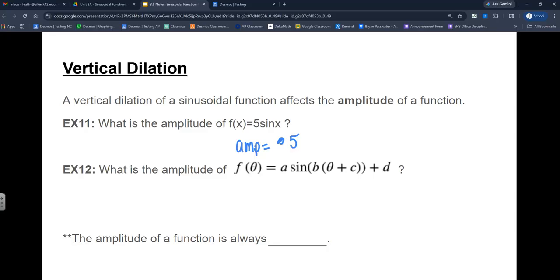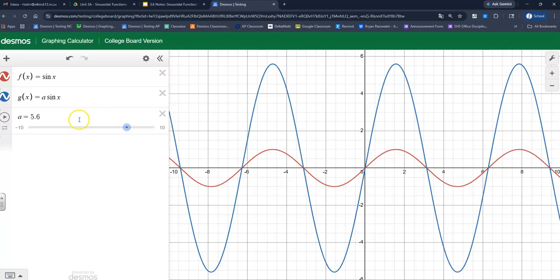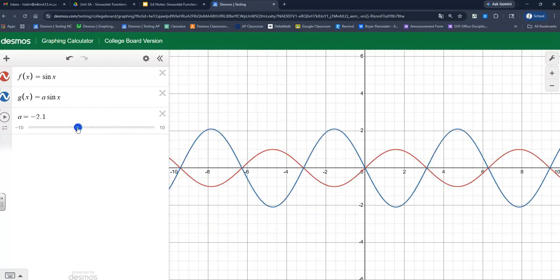Okay. Now it is important to note amplitude is always positive. So if I have a negative value here, it is going to flip the graph upside down, but the amplitude, which is just our distance from our midline to our highest point, is always a positive number.